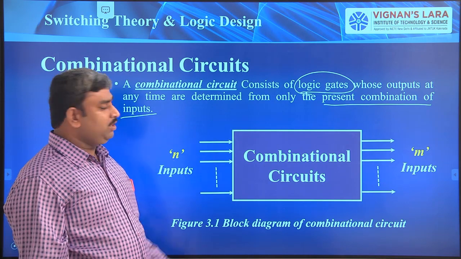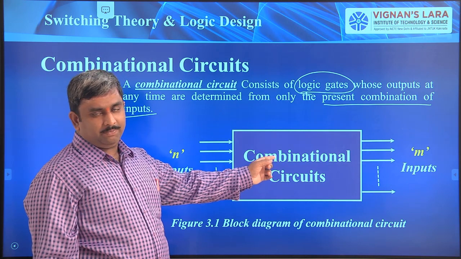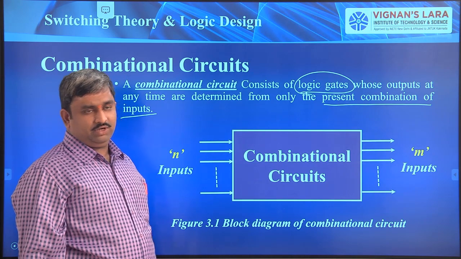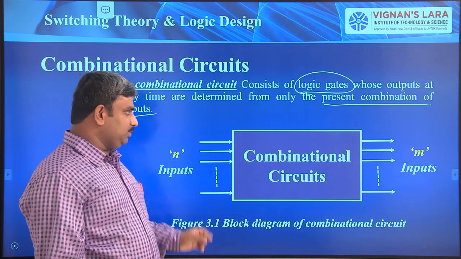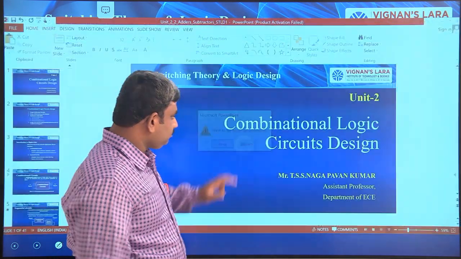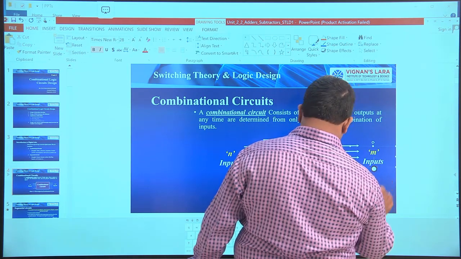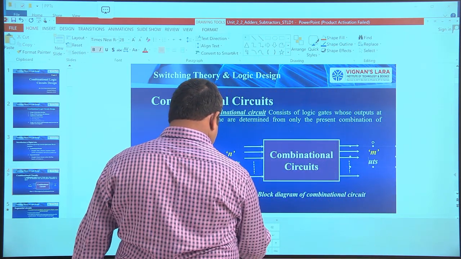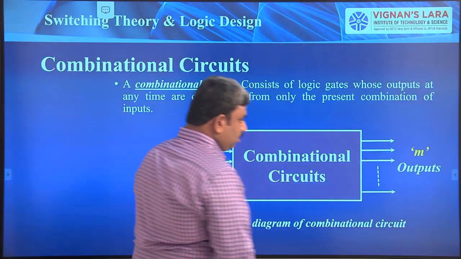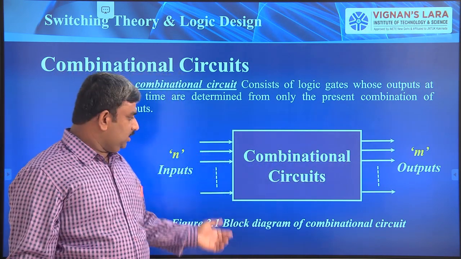It is very simple. See this diagram. This is a combinational circuit. It may be an adder, subtractor, encoder, decoder, or multiplexer. Here we have some inputs and here we have some outputs.